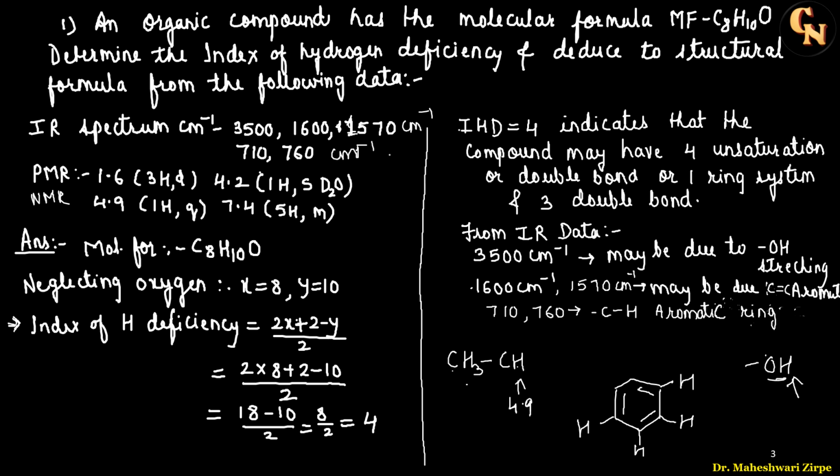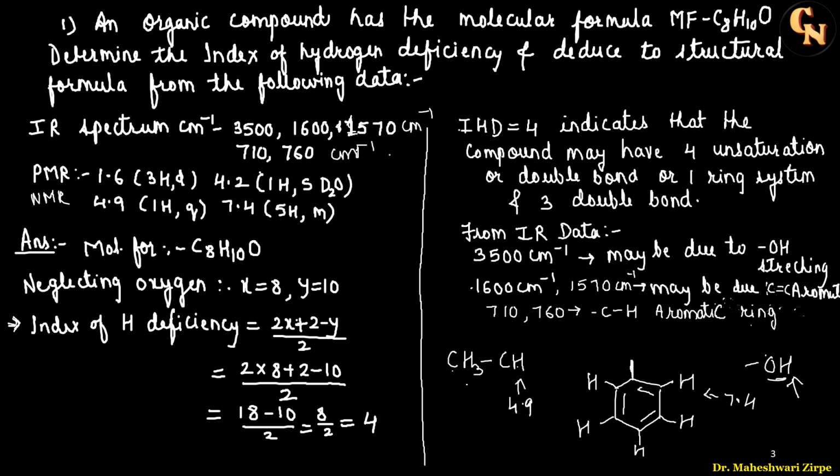And this benzene proton shows multiplets. So they are saying there are 5 hydrogens showing multiplet. So the aromatic ring must be monosubstituted, because they are talking only about 5 protons in the benzene ring showing the 7.4 value.